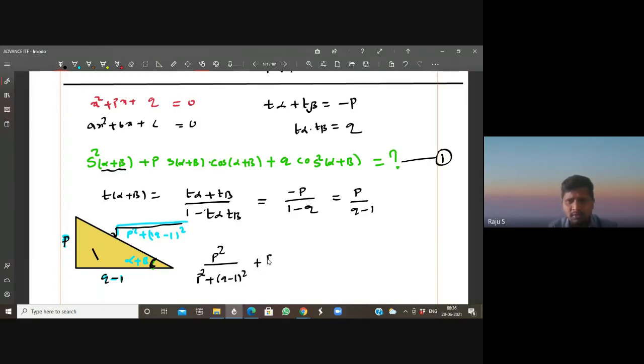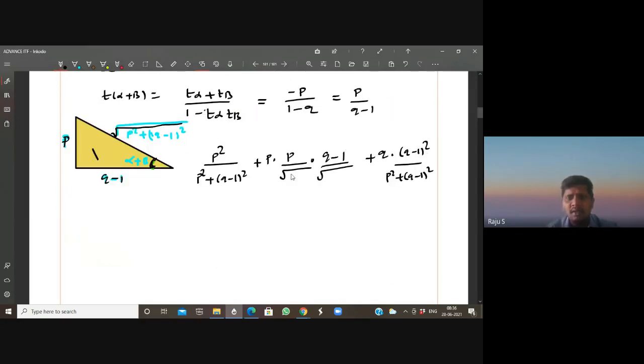Plus p times sine alpha plus beta, which is p by hypotenuse into q minus 1 by hypotenuse, plus q into cos square, which is q minus 1 the whole square by p square plus q minus 1 the whole square. In all three cases the denominator is the same.